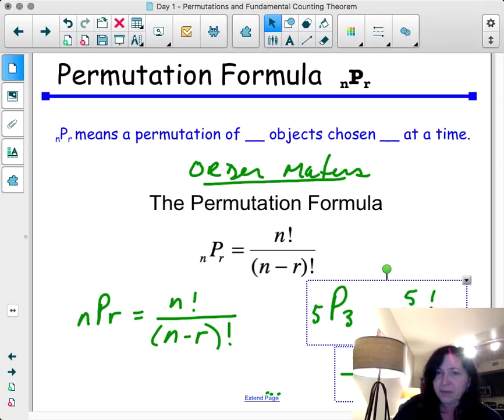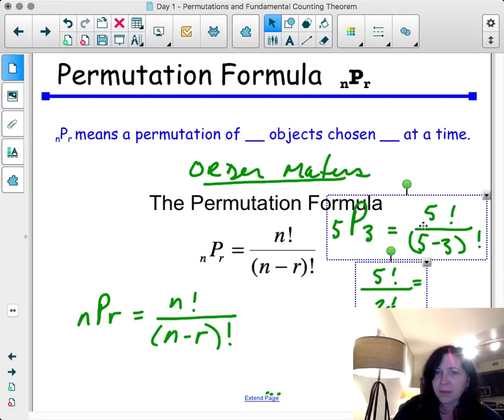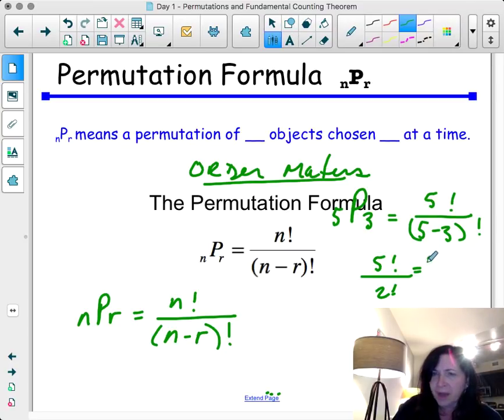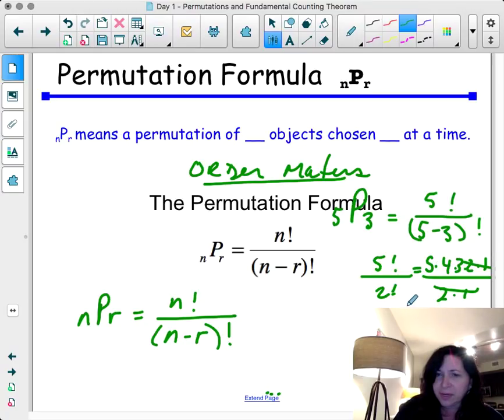Let's see if I can move this up. Does that help? Okay, so what that's going to be is 5 times 4 times 3 times 2 times 1 over 2 times 1. 2 times 1 is going to cancel, and I just have 5 times 4, which is 20, and 20 times 3 is 60.